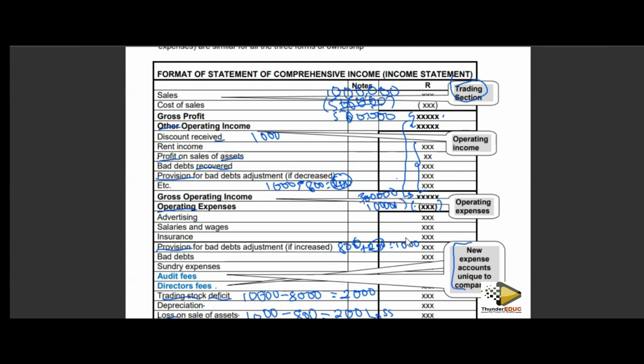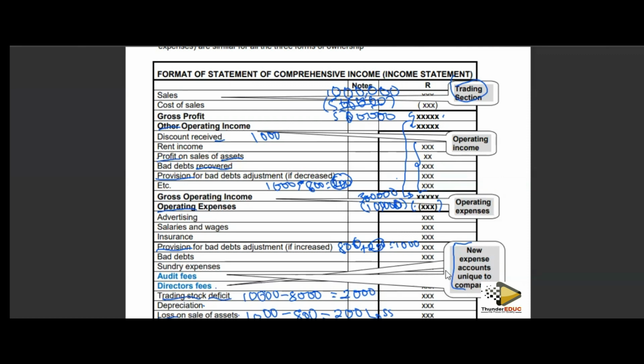So this 100,000, we are going to subtract it from the 300,000. For that case, it will be an operating profit. Because 300,000 minus 100,000, we shall be left with 200,000. So the 200,000 will be our operating profit here.